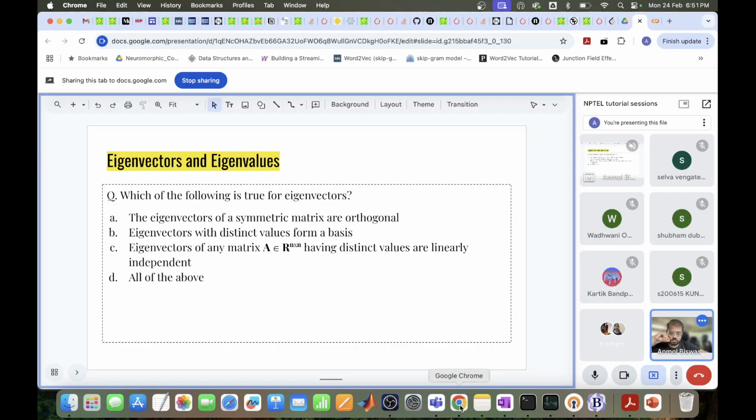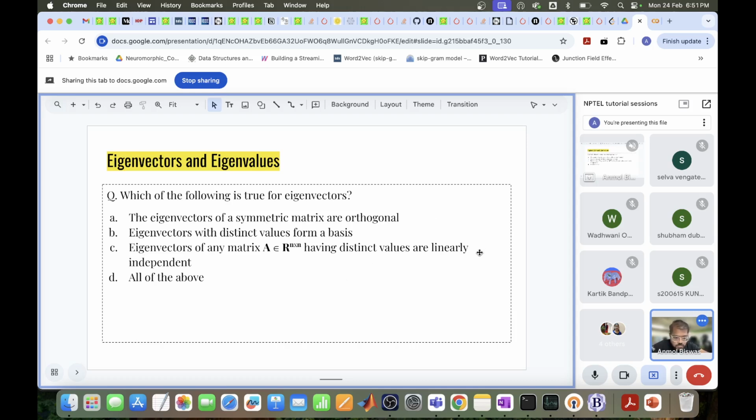So we will start off with the easier one, A, and then we will see C. And if C is true, then B follows from C, right?